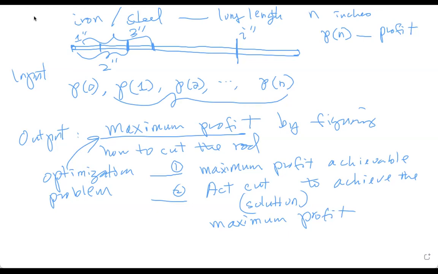So remember, once again, what we want to do here is formulation. The formulation would be rod cutting. I can use R to indicate rod cutting, or if you want to use RC, that's fine, but it's a little bit cumbersome.